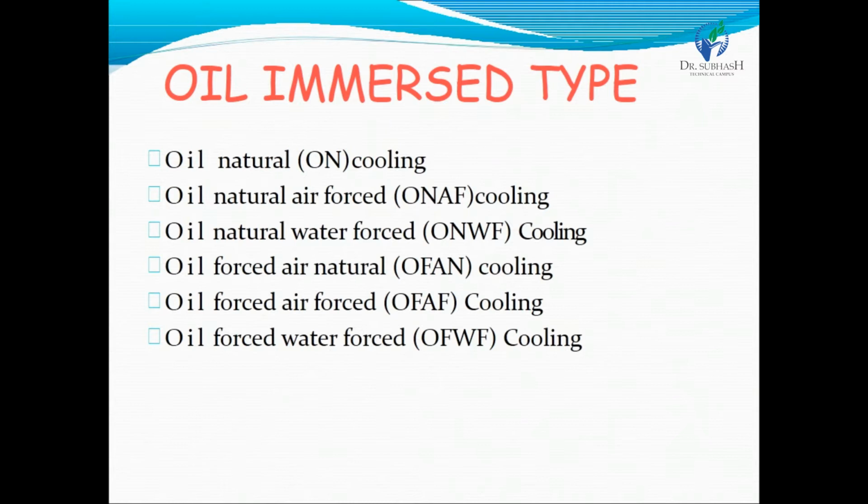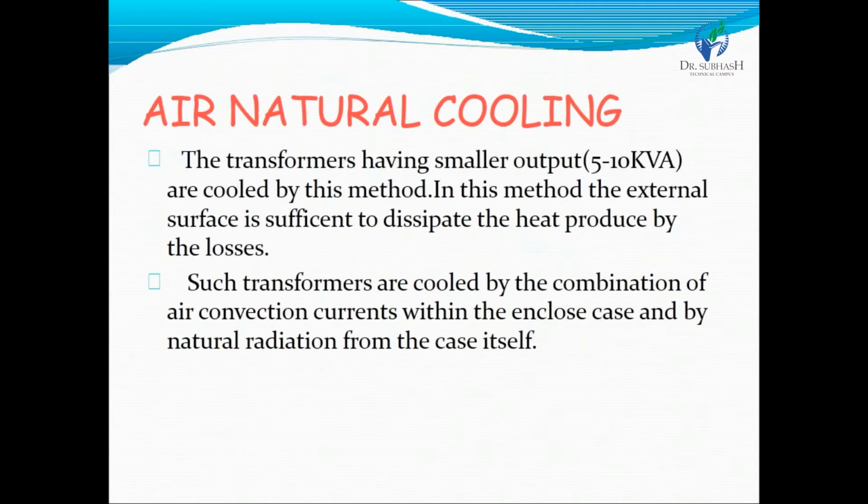First one is oil natural cooling, second is oil natural air forced cooling, next is oil natural water forced cooling, next is oil forced air natural, next is oil forced air forced cooling system, and then oil forced and water forced cooling system. Now we discuss all parts in detail.